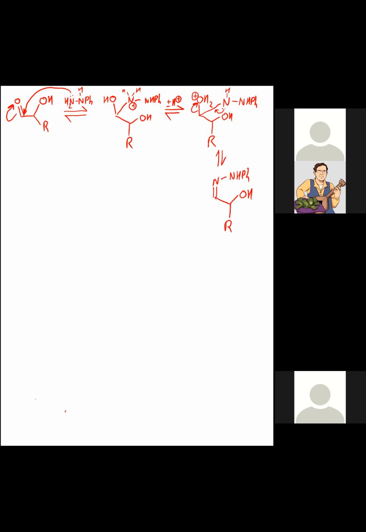Well, this is where it does get a little bit tricky. So let's think about this molecule here. If we have a little bit of acid present, you can imagine this can become protonated. So I'm just going to note that here. I don't need to redraw the molecule to just add an H plus.